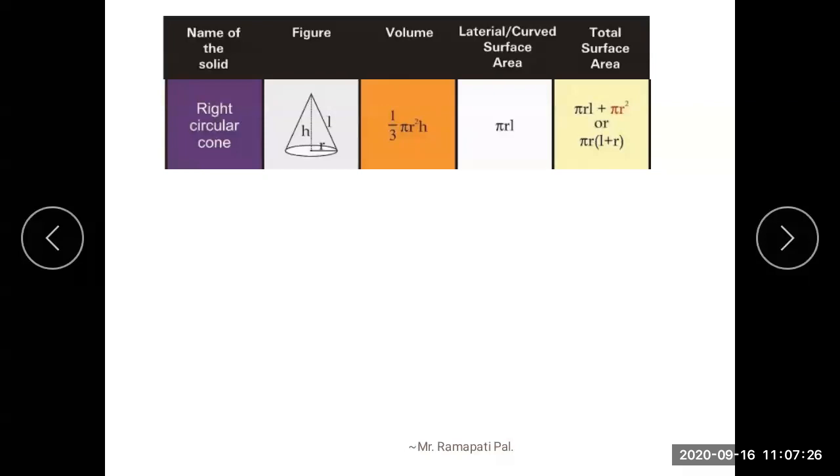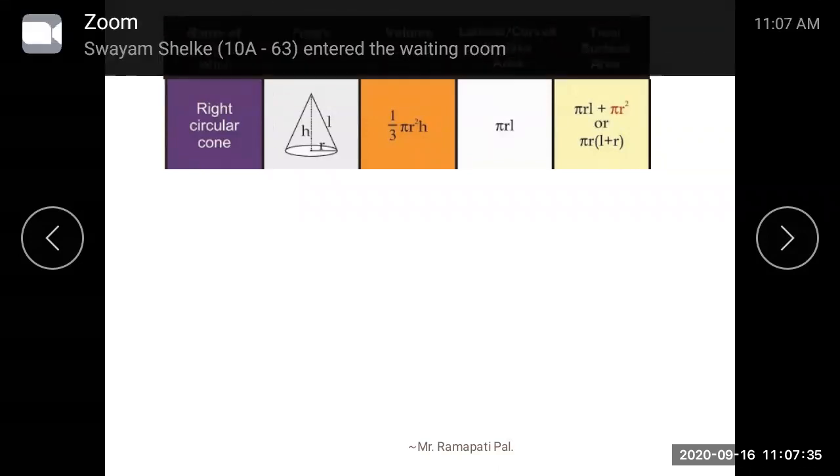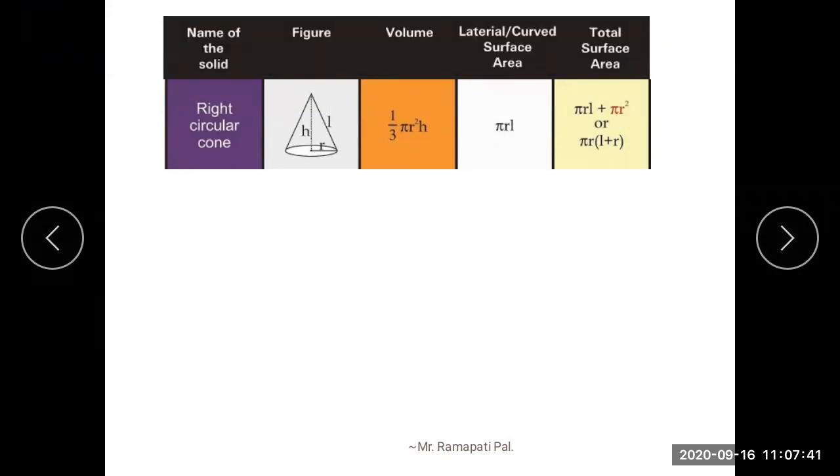So the volume of a cone is 1 upon 3 pi r square H. In 9th standard, I explained fully how it comes. Here I am just revising it and not explaining in detail, because in 9th standard we did the explanation part in one or two lectures.